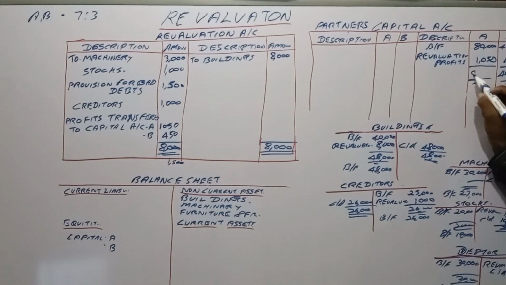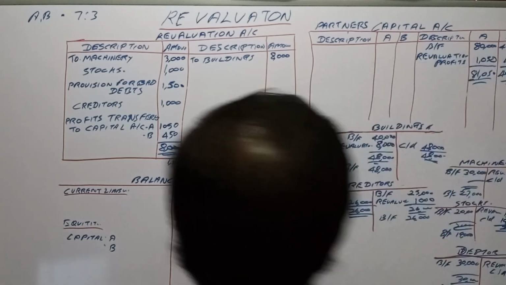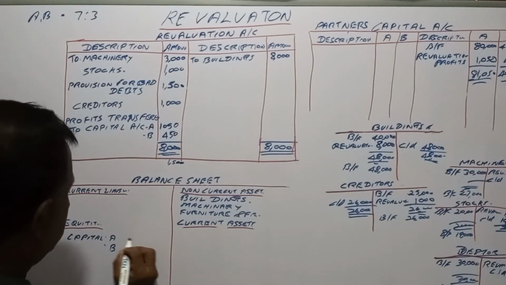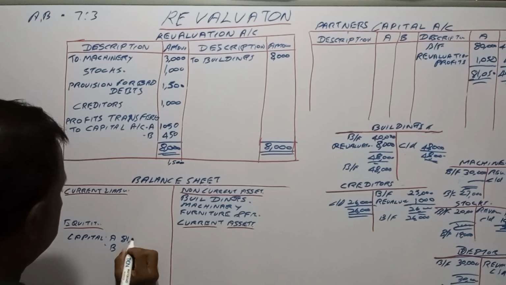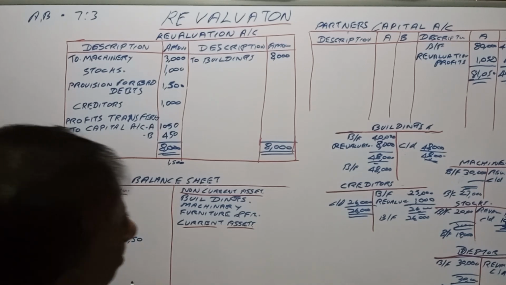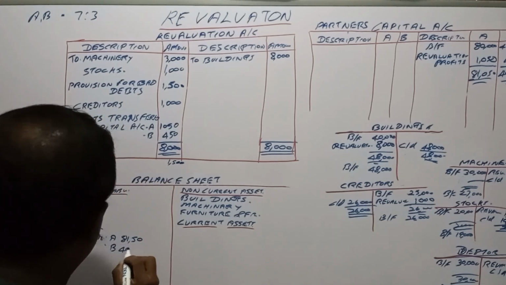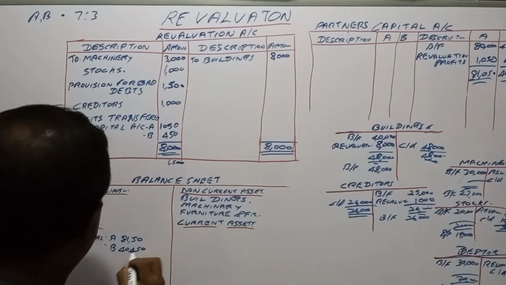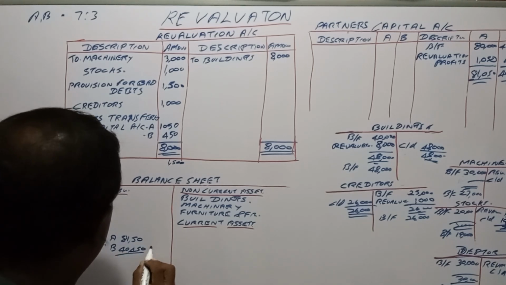This one is 81,050. Here we say 81,050 and 40,450 and 121,500.